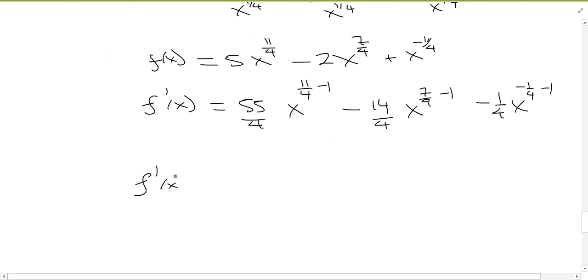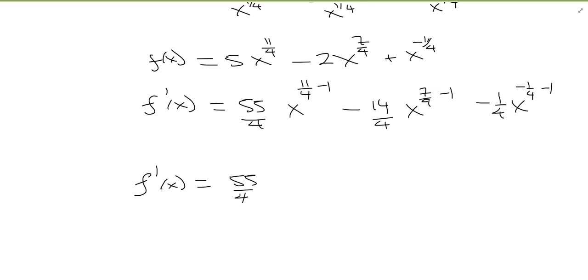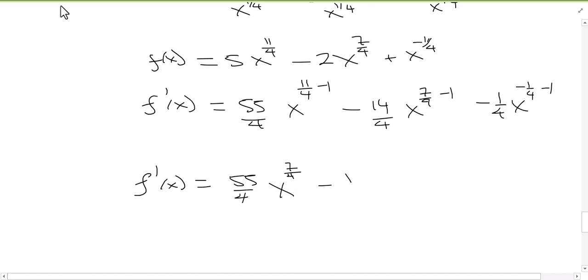So our derivative will be 55/4 x to the 11/4 minus 4/4. So 11 minus 4 is 7, so it'll be x to the 7/4 minus 14/4. You can reduce that to 7/2. x to the 7/4 minus 1, so x to the 3/4, and then minus 1/4 x to the negative 1/4 minus 1, so negative 5/4.